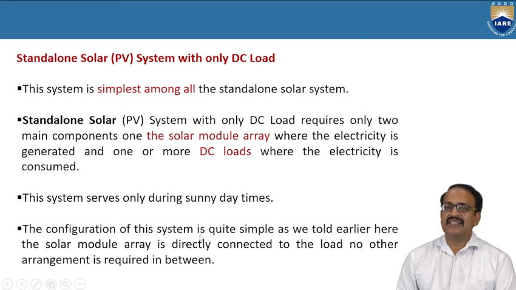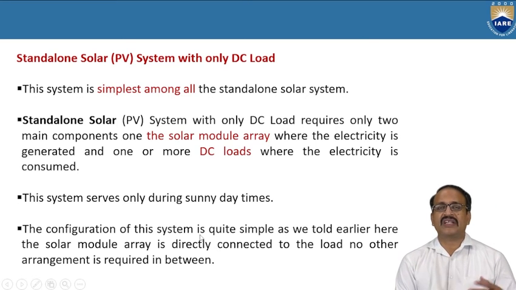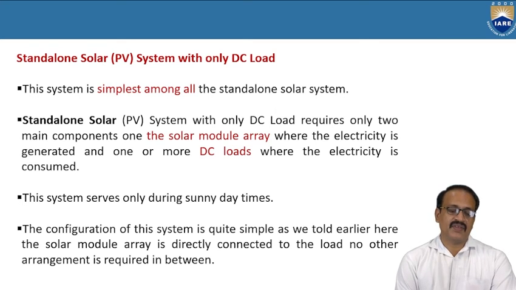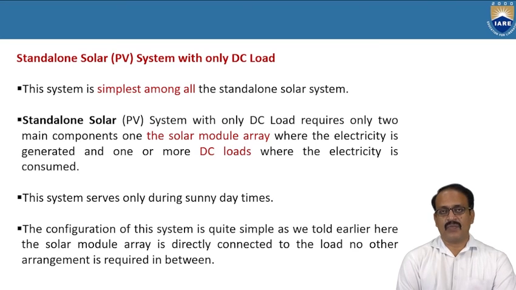But this is the simplest thing. There is no extra requirement of a battery bank, an inverter, a charge controller, or an electronic circuit. All these extra things are not needed. So this is the simplest among all the standalone systems.